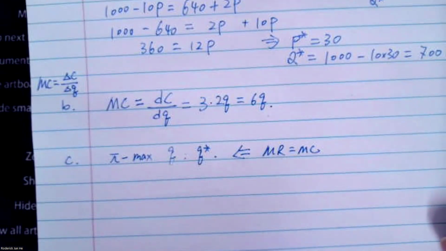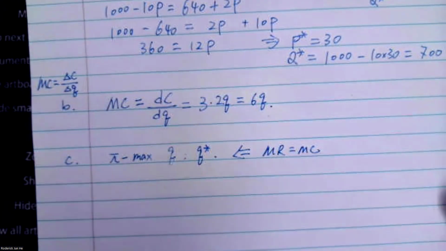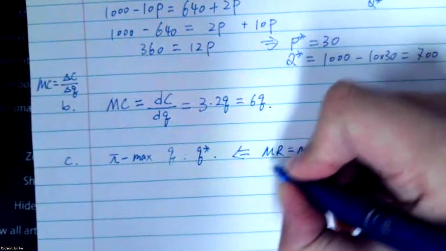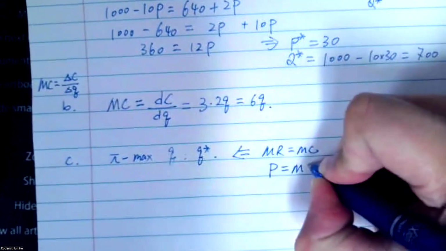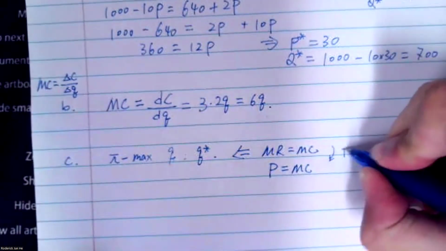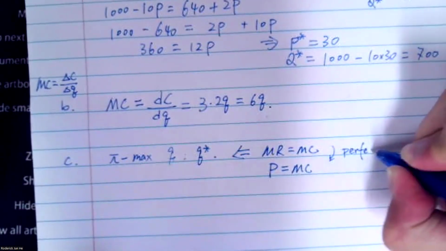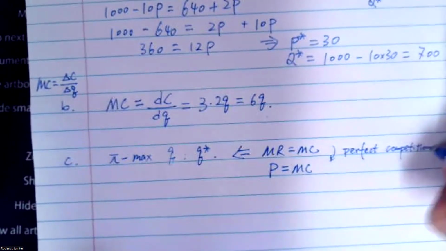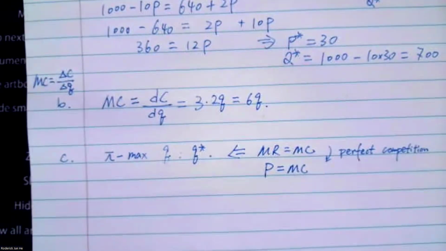Here it is told that the carpet cleaning business is perfectly competitive. For perfect competition, marginal revenue equals P. So this equation reduces to P equals MC because of perfect competition.